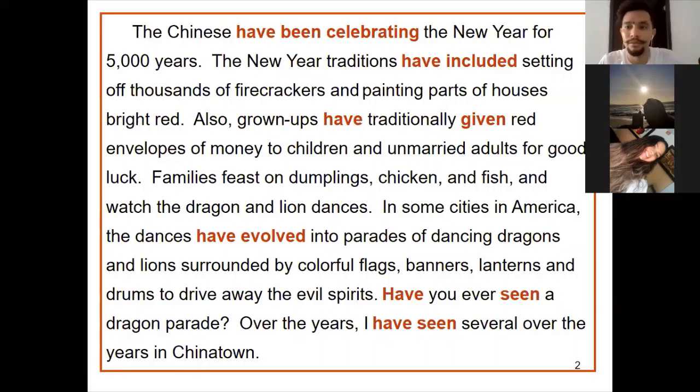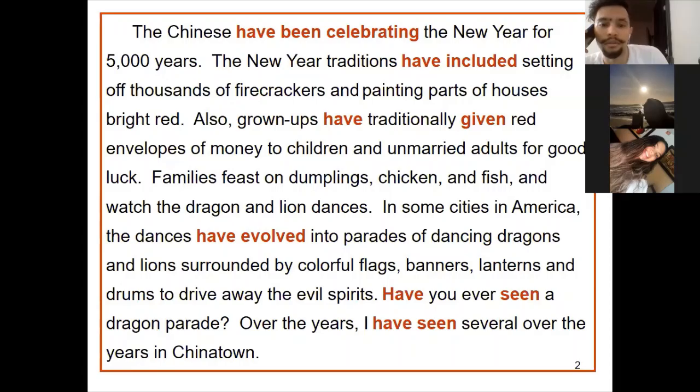Okay. The Chinese have been celebrating the New Year for 5,000 years. The New Year tradition has included setting off thousands of firecrackers and painting parts of houses bright red. Also, grown-ups have traditionally given red envelopes of money to children and unmarried adults for good luck.